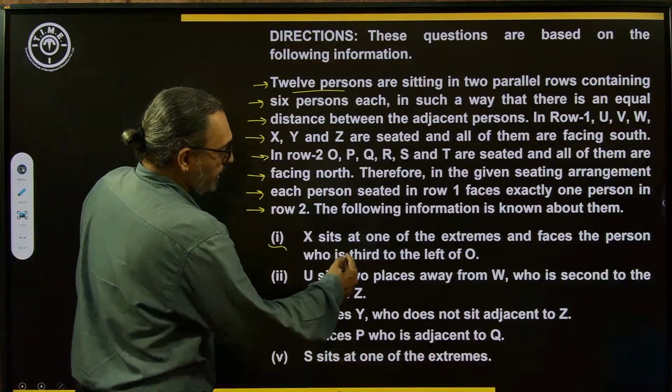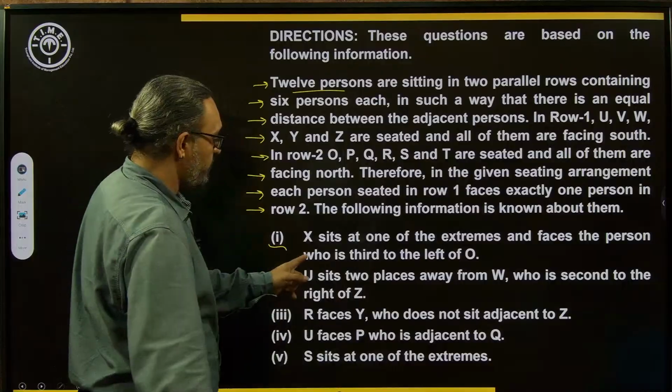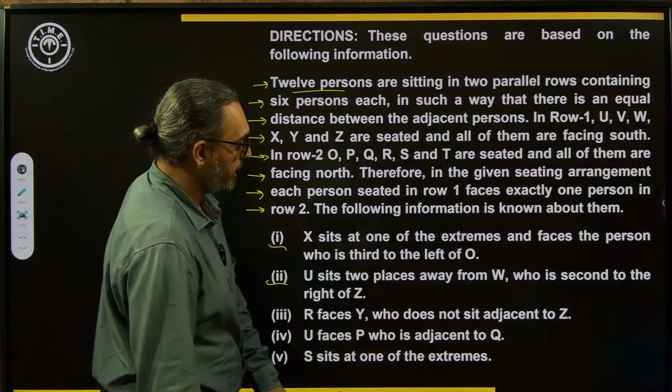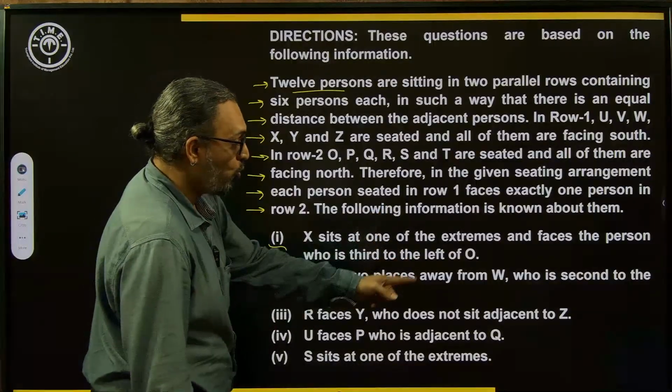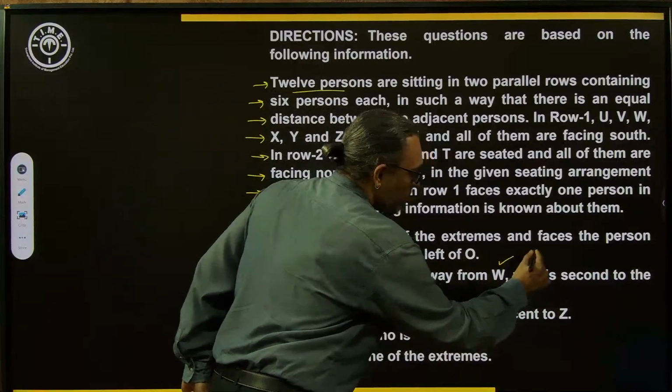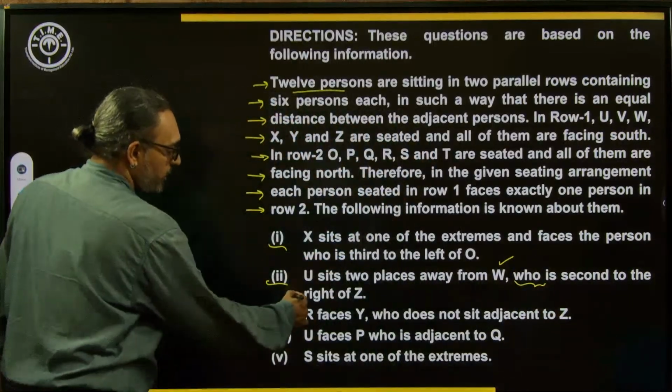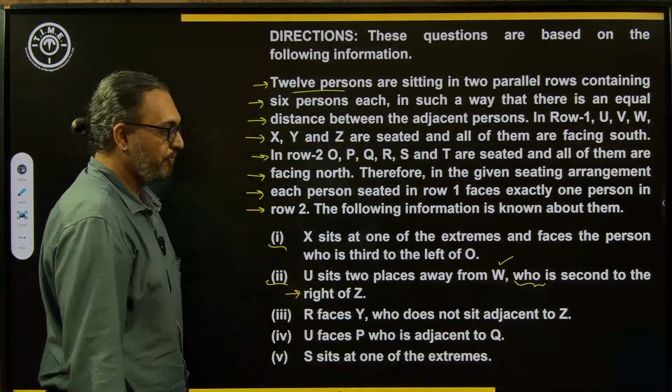Okay. Right. Then the next one we have is U sits 2 places away from W, who. So whenever you have who, it is W is second to the right of Z. Okay.